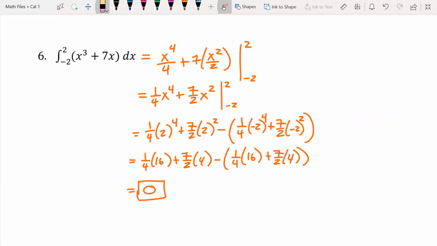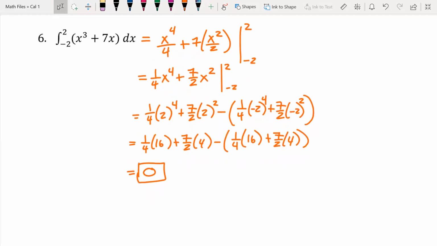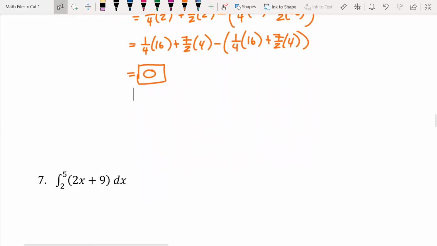How can the area be 0? That's something to ponder, right? All right, all good? Next.